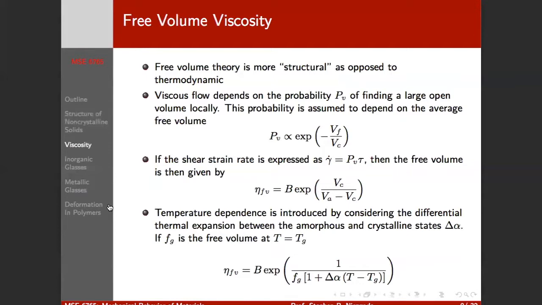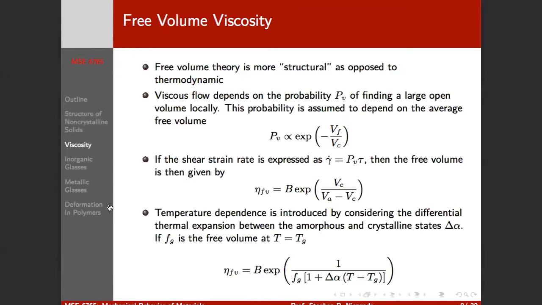And we introduce temperature by considering the difference in thermal expansion, right? And again, this is sort of a hand-waving argument, right? And so we have a viscosity that depends on the free volume here, right, where our free volume is going to be a function of the difference between the temperature and the glass transition temperature.